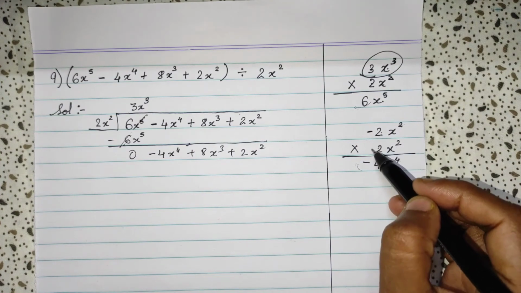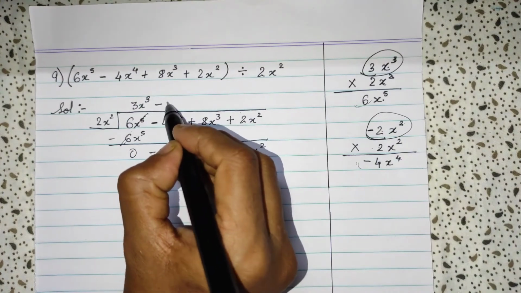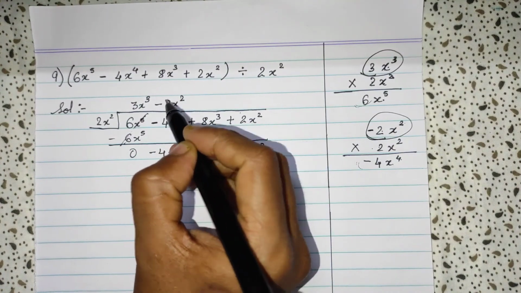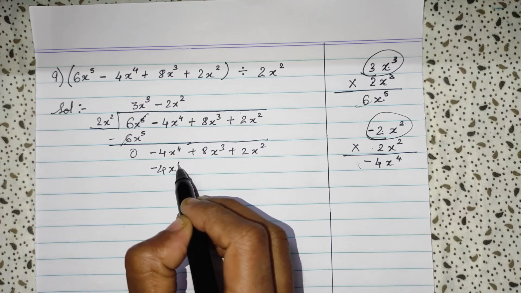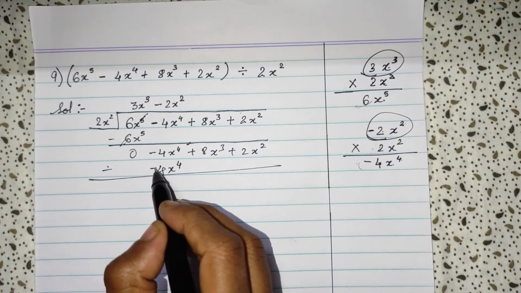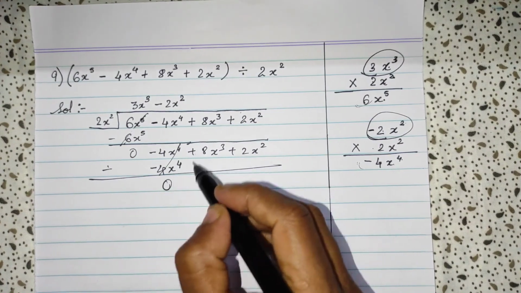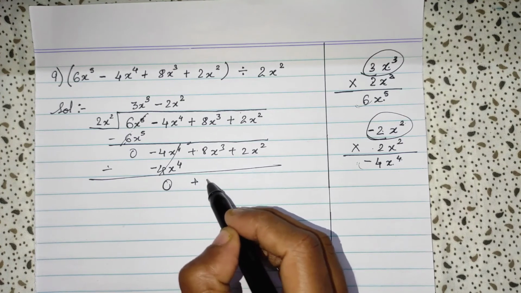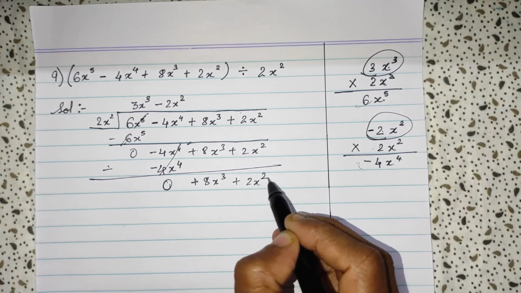So here plus into minus is minus. So this is your second term. Minus 4x4. So minus into minus will become plus and cancel, 0. Then 8x cube plus 2x square.